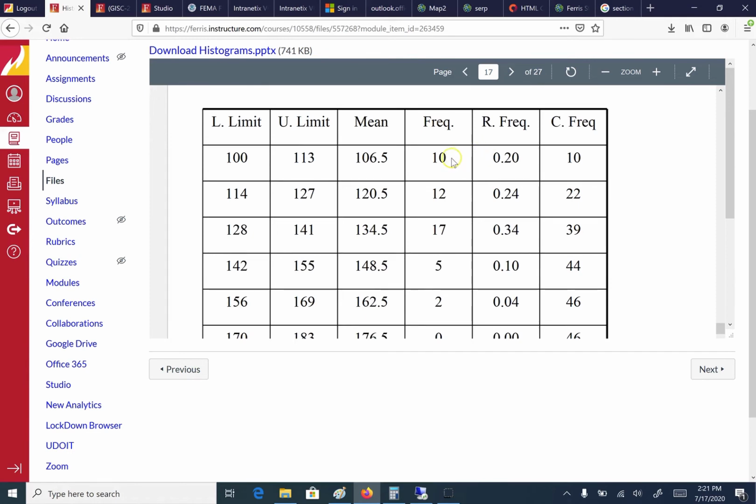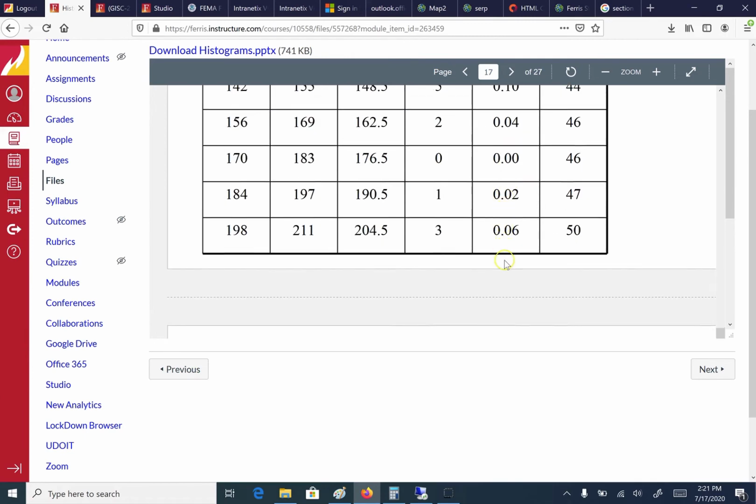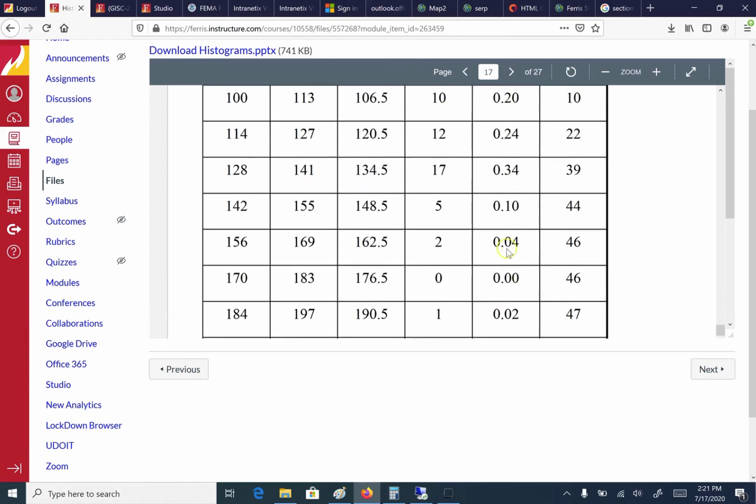And this is the frequency, this is the relative frequency. 10 out of 50 is 0.2 or 20%. 12 out of 50 is 0.24 or 24%, and so on.